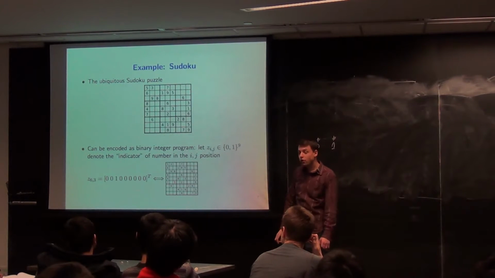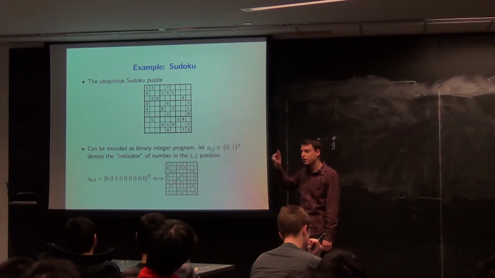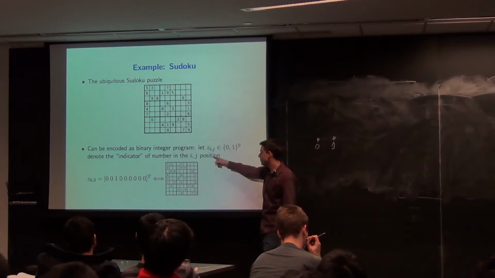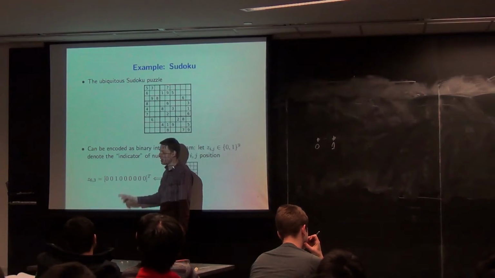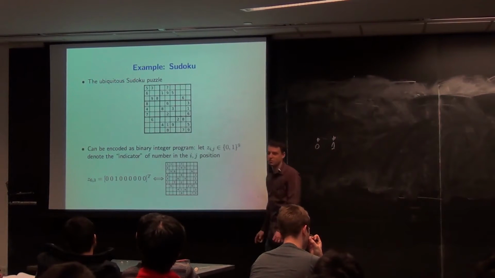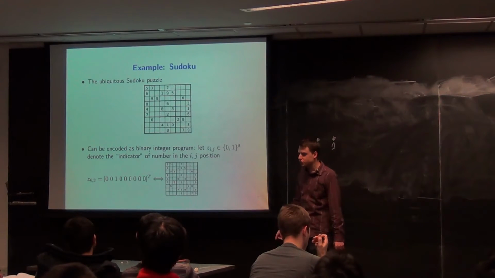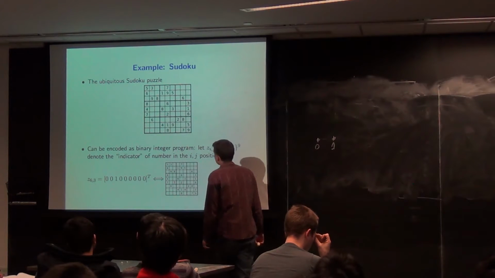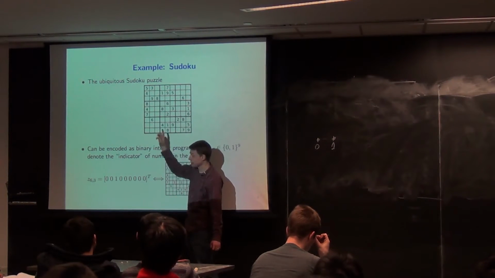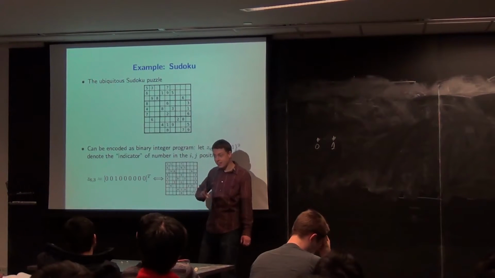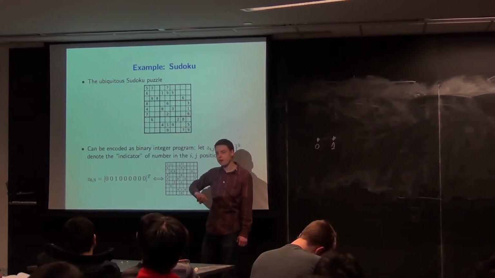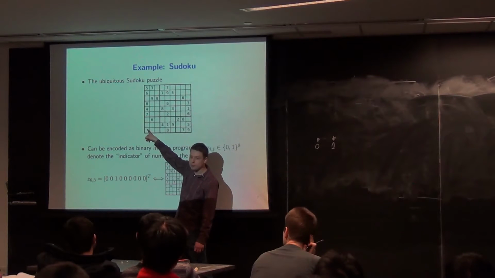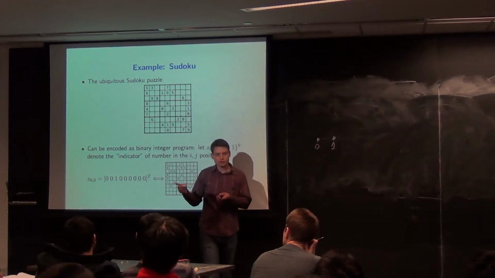All right, so we're going to encode this as a mixed binary integer program. The way we're going to do that, first of all, it might be more intuitive to encode this as an integer program where each variable is the actual number in that grid, and they have to go from 1 to 9, right?